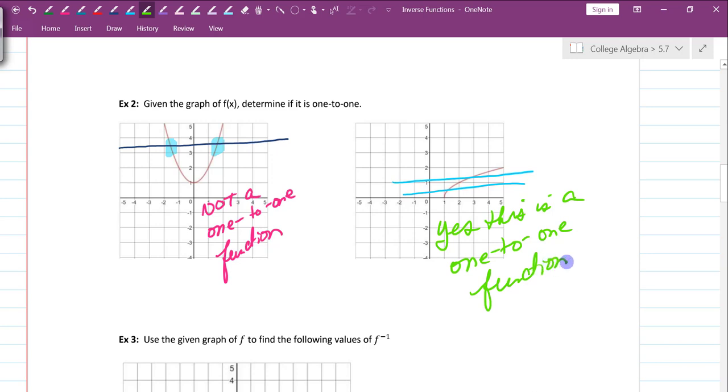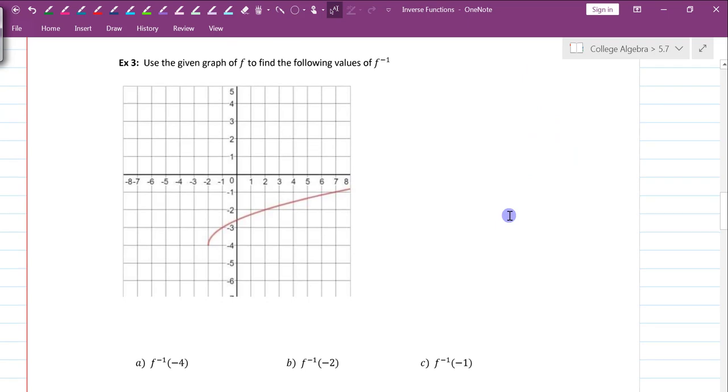Alrighty. It says use the given graph of f to find the following values of the inverse. So to do this, we're going to look at A to begin with, and it says find the inverse when x equals -4.